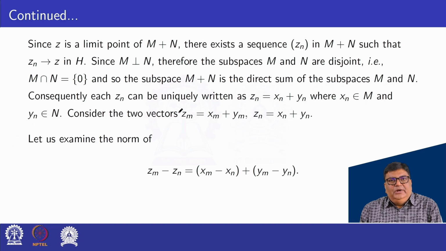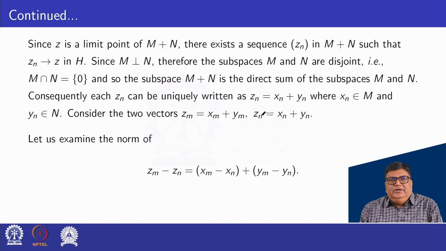Consider two vectors Zm and Zn as Zm equals Xm plus Ym and Zn equals Xn plus Yn. Let us examine the norm of Zm minus Zn.